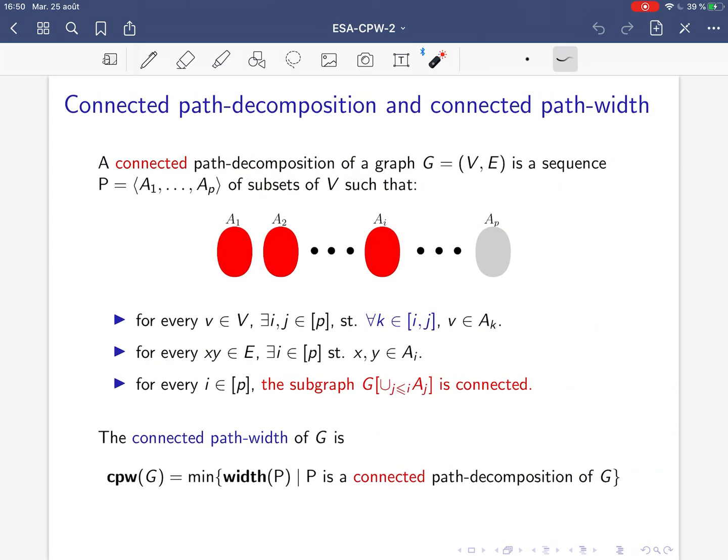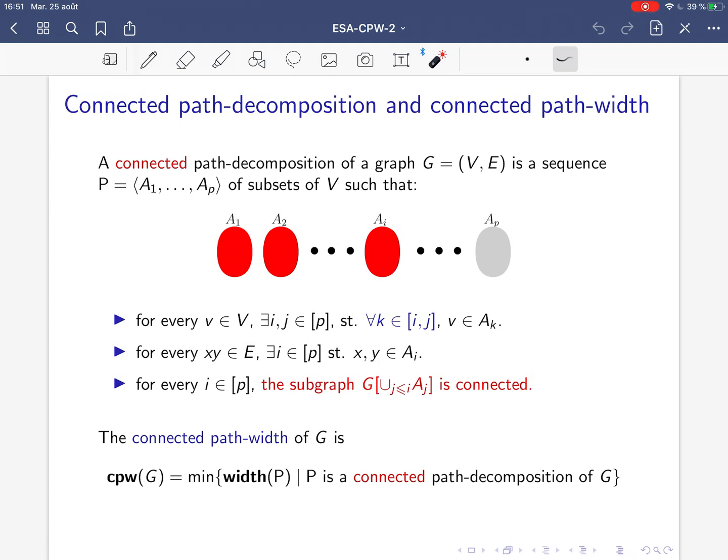Here in this talk we are interested in connected path decomposition and connected path width. So for a connected path decomposition, we have the following extra requirement of connectivity: for every index i, the prefix, here represented by the red bags, A1, A2, up to Ai, induces a connected subgraph.